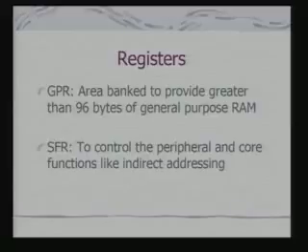Typically, the banks in the general purpose register area are arranged so that they can provide greater than 96 bytes of general purpose RAM. Again, I am talking about mid-range processors, and depending on which microcontroller you choose, this value would change.